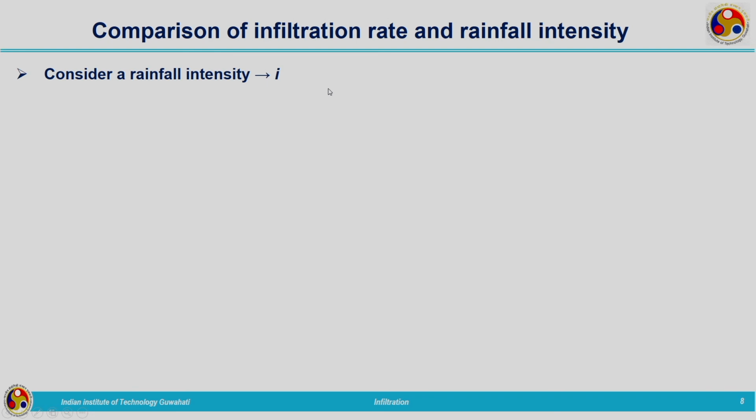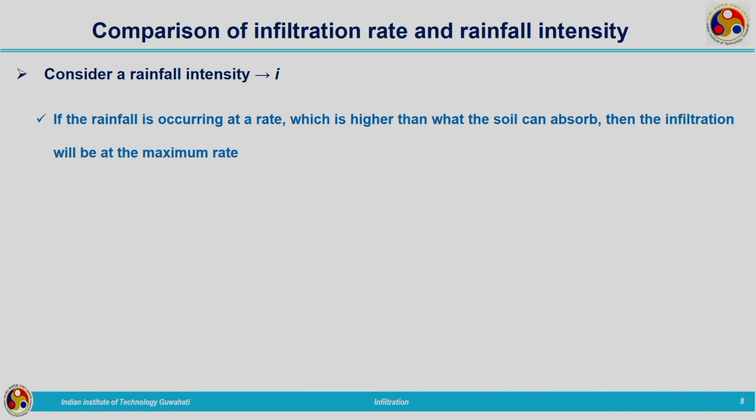So, consider a rainfall intensity I. If the rainfall is occurring at a rate which is higher than what the soil can absorb, then the infiltration will be at the maximum rate. The intensity of rainfall is very high compared to the water which can be absorbed by the soil as infiltration rate.